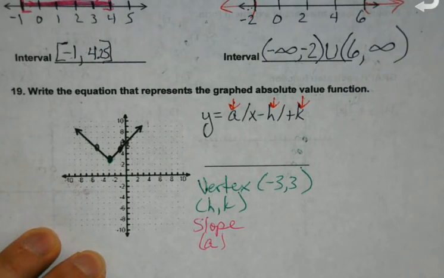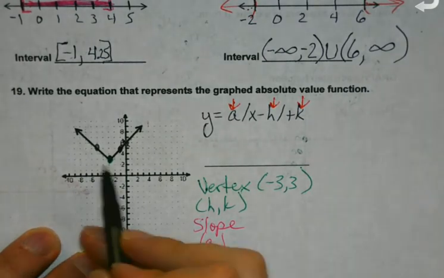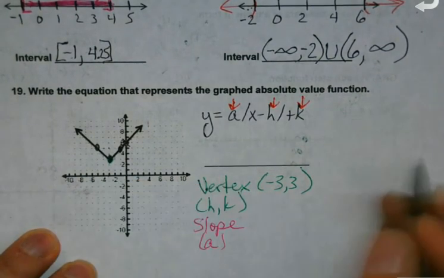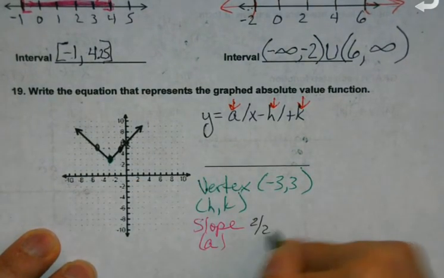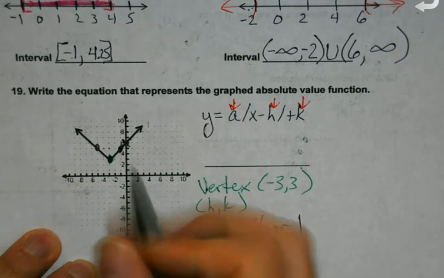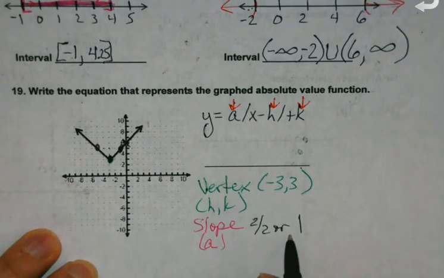Positive. The only time it's negative is if it's pointing down. So here, my slope, I go up 1 and over 1. So my slope is just 1. And it's not -1. I know it seems that way because I went left, but I also could go up 1 and right 1 and get the same thing.